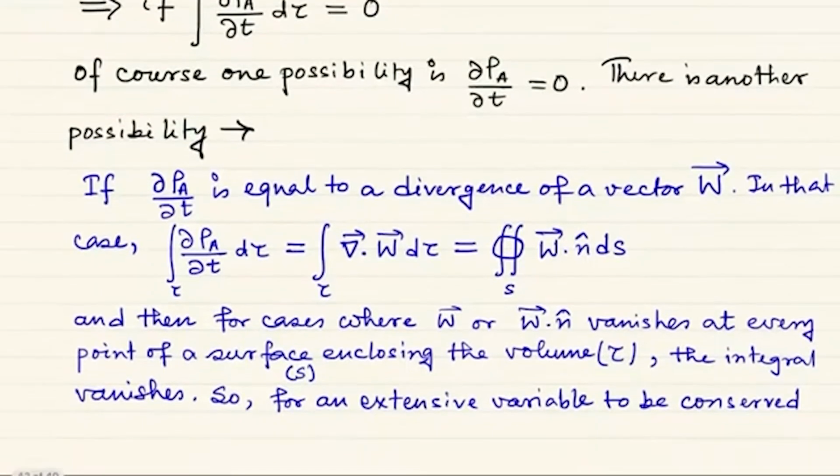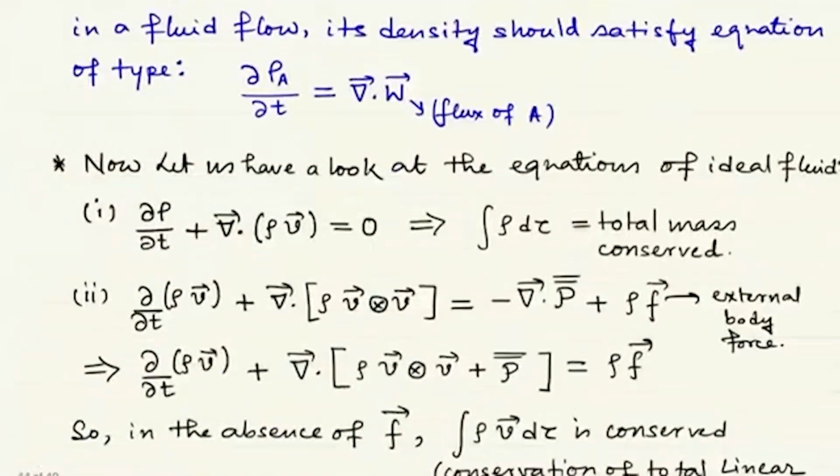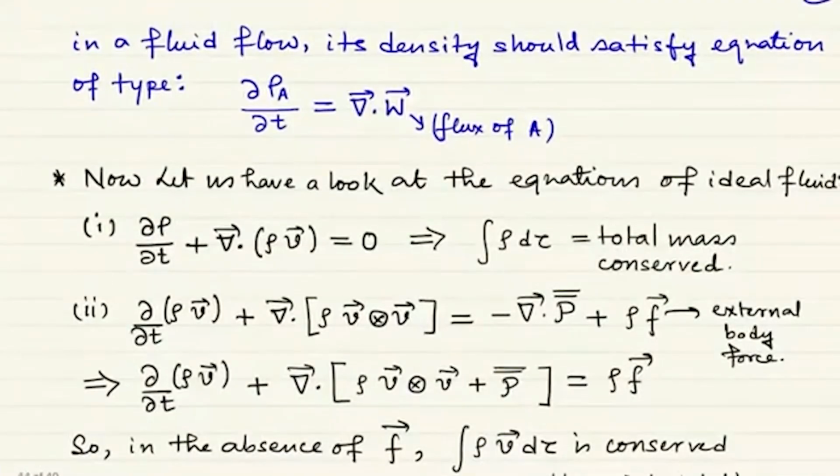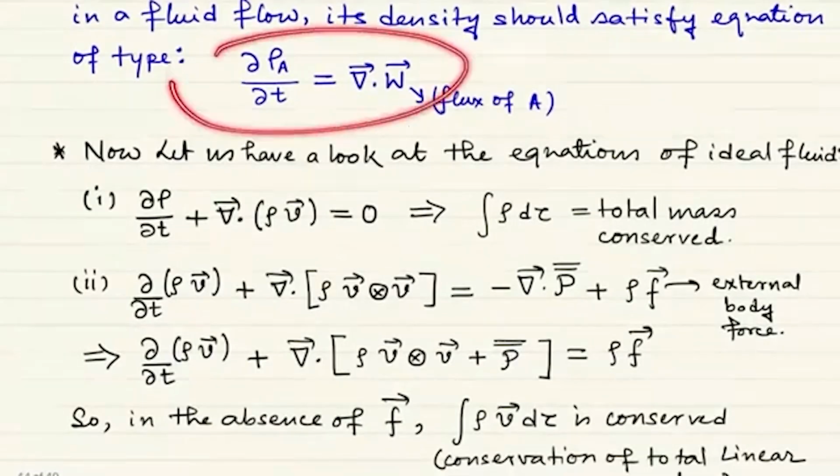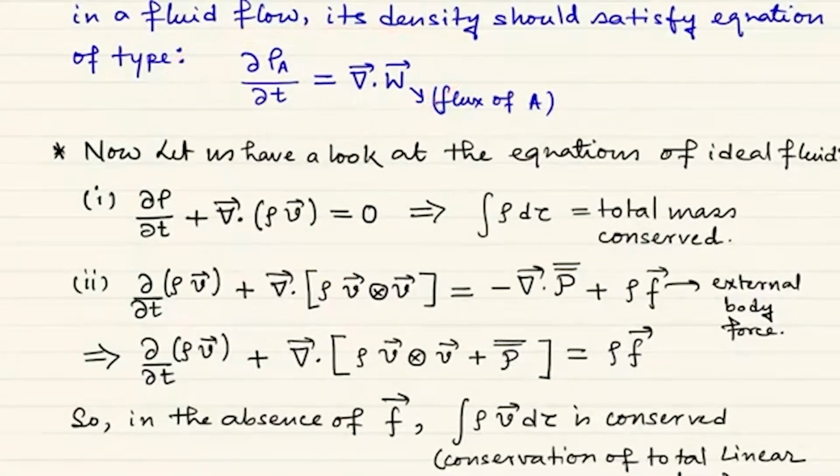So for an extensive variable to be conserved in a fluid flow, its density should satisfy the equation of this type. And this w will then be called the flux of A. So ρ_A is the density of A, and w will be the flux vector of A.